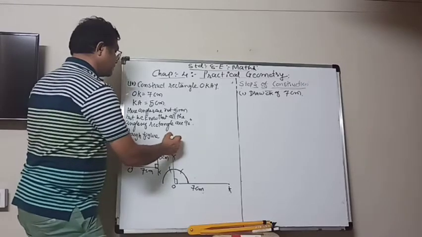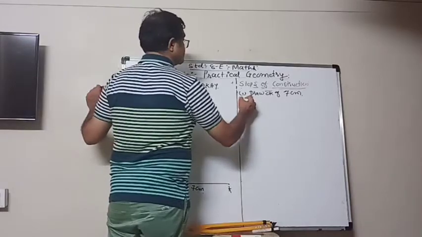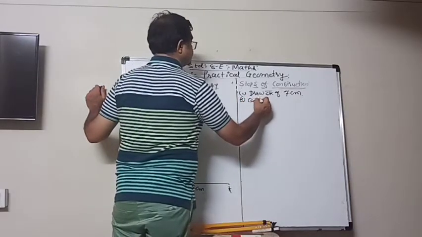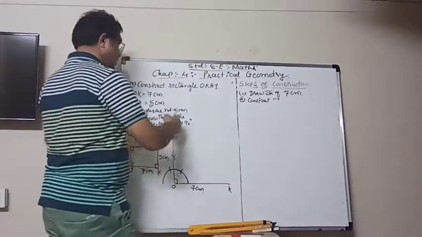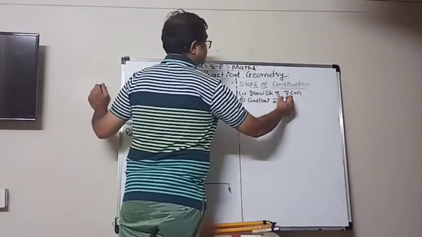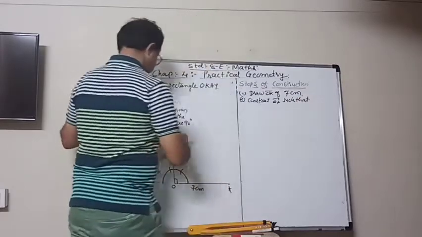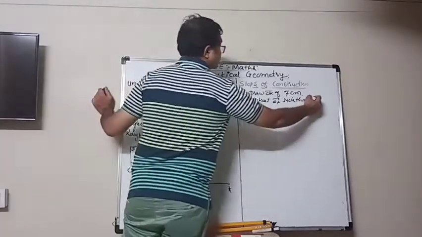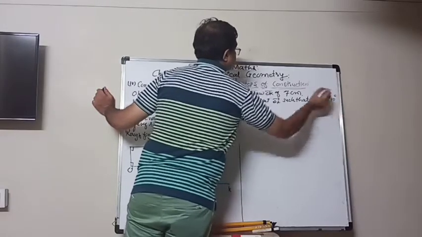And we will give the name X. So, construct ray OX such that angle XOK is 90 degree.